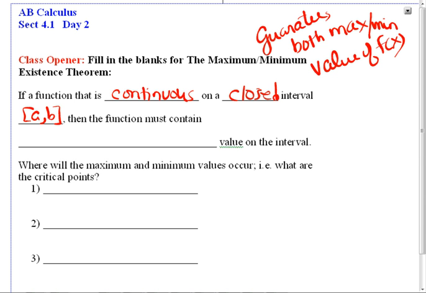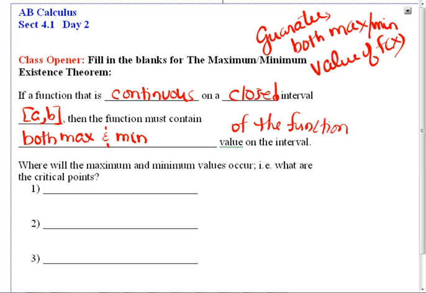I go, oh, that's great, because this is going to be easy. Because we're going to write down all the steps of what you do. So then the function must contain both a maximum and a minimum. It's not an or, it's both. Value of the function. I really should have written in of the function, because it's the y value.